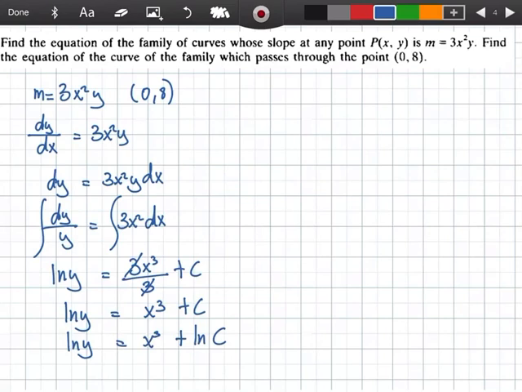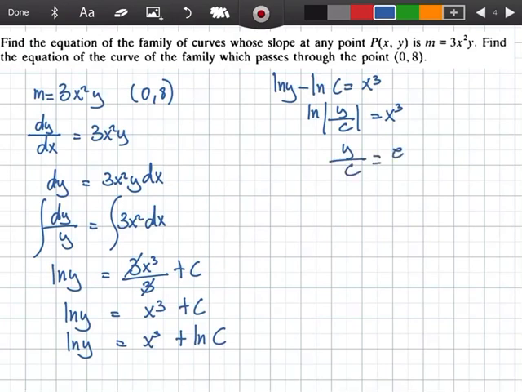So, we transpose: ln y minus ln c equals x cubed. Since we subtract, it becomes ln of y over c is equal to x cubed. To eliminate the ln, we take the exponential, so y over c is equal to e to the x cubed.